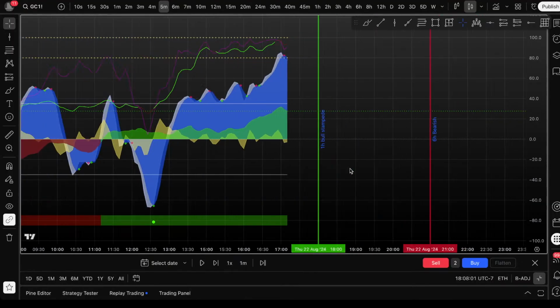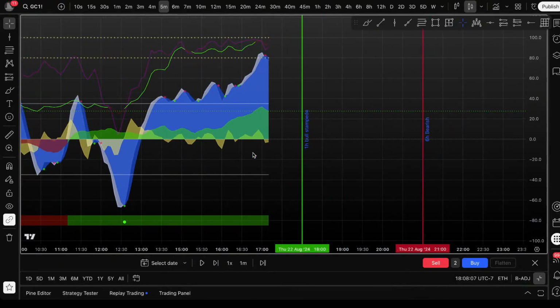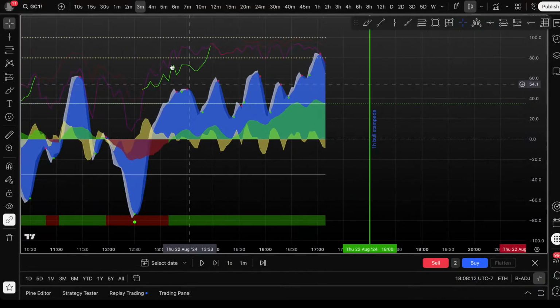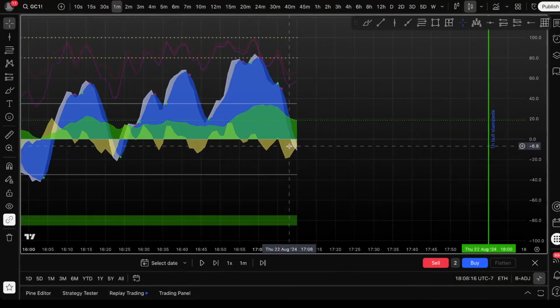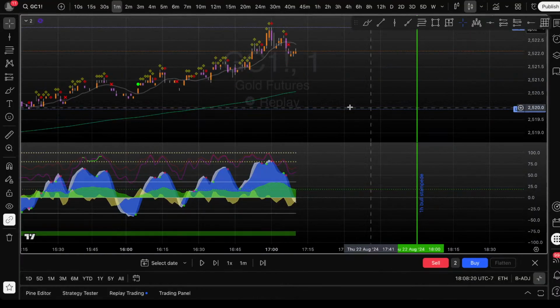But wow, that thing is really trying to do something with this pump. Okay, so can we get an entry? This could be an entry here. Let's have a look at the candles.